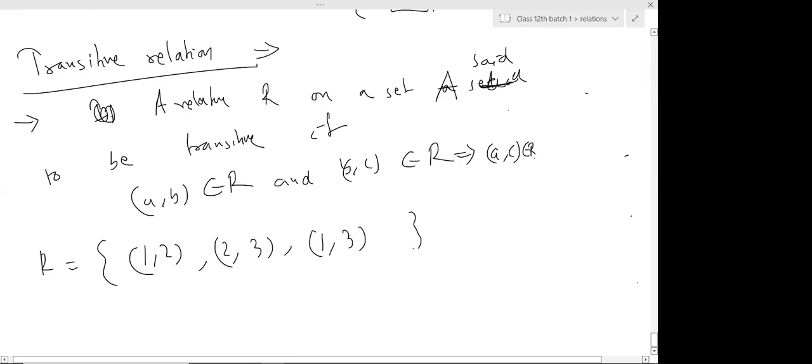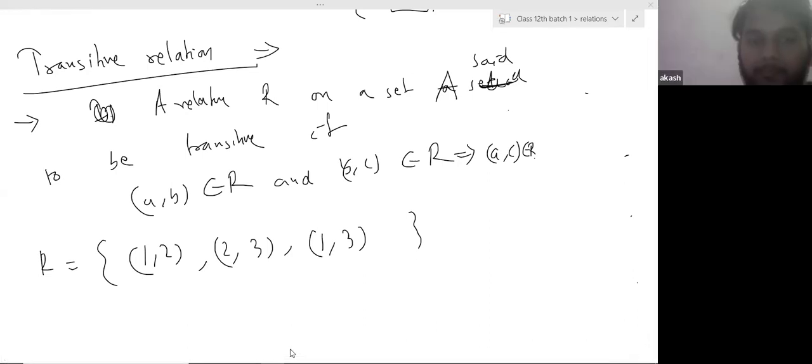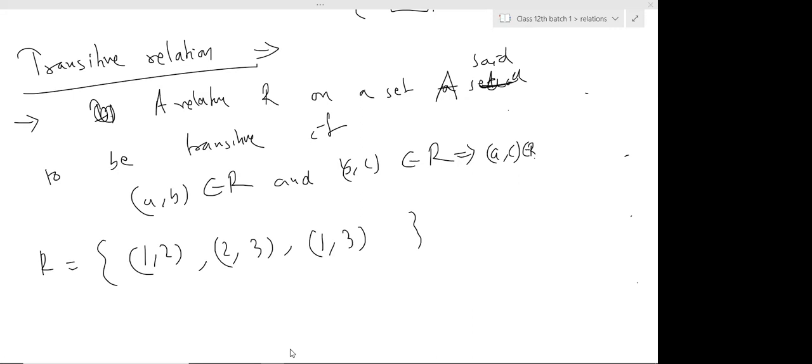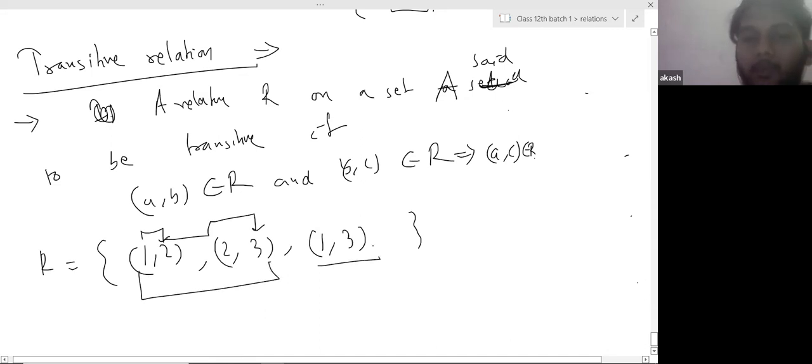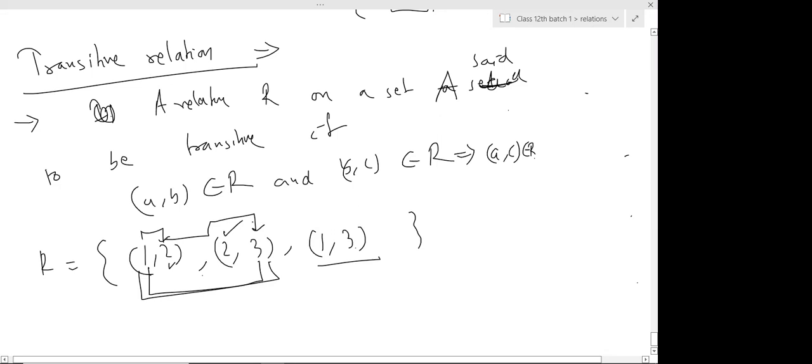All right, Kulsum. Yes, sir. I'll explain again. If (1, 2) is there and (2, 3) is there, then (1, 3) must be there. We don't care about anything else. If one pair is ending with 2 and another is starting with 2, then we must have a third pair (1, 3). Is this clear now? Yes, sir.